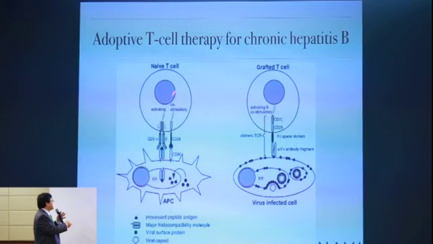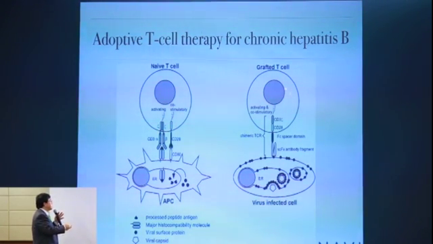They modify the T cells with genes. They transfect some vector into the cells. The cells can express some protein on the surface, like an antibody fragment, that could recognize some peptide from the virus, and it can transduce some signal, like the T cell signal, to activate the T cells.